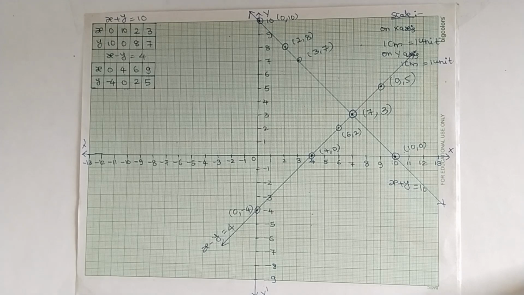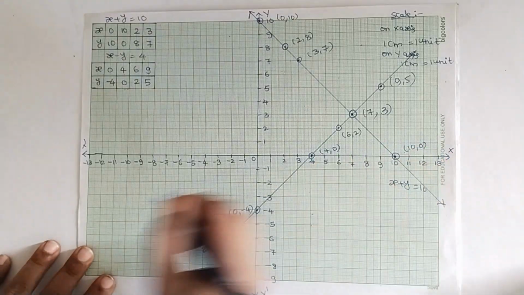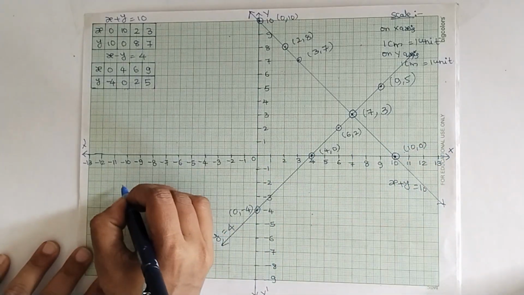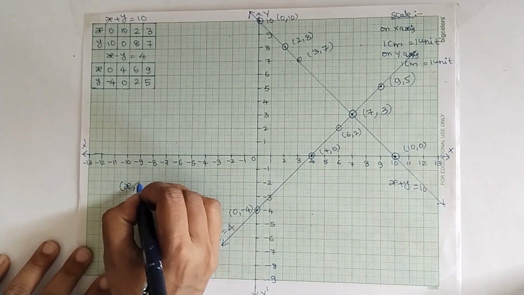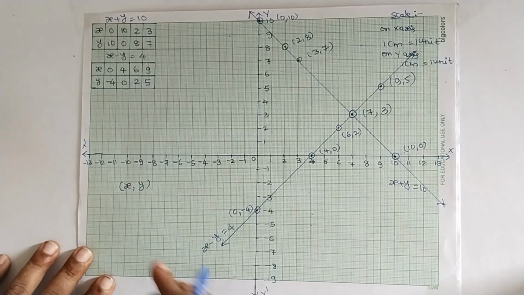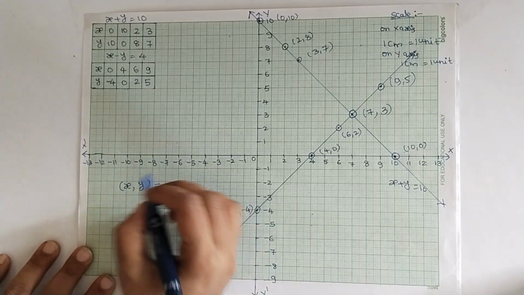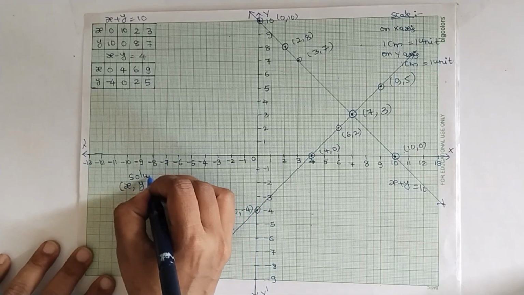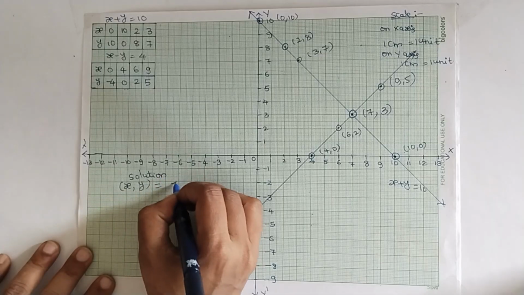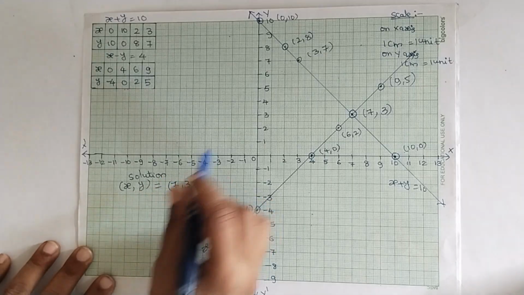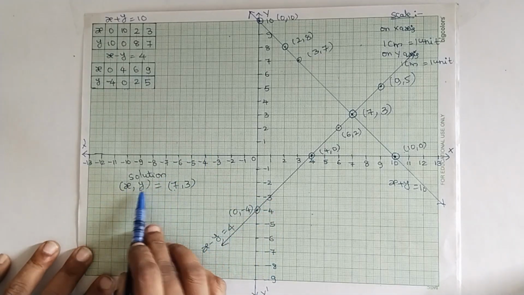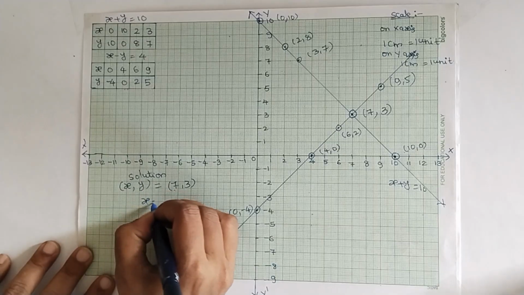But here it is asked how many girls and how many boys are there. While writing, first we write the x coordinate and later we write the y coordinate. We got the solution as 7, 3. Here x equals 7 and y equals 3.